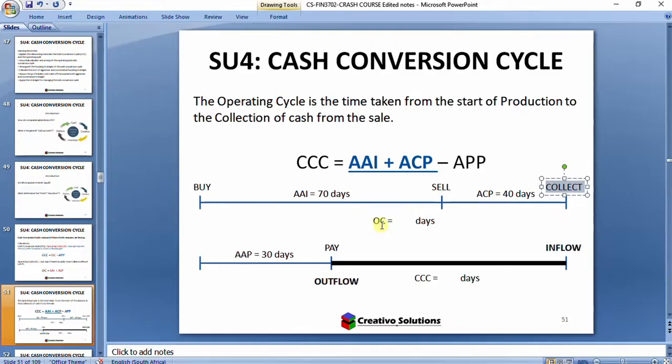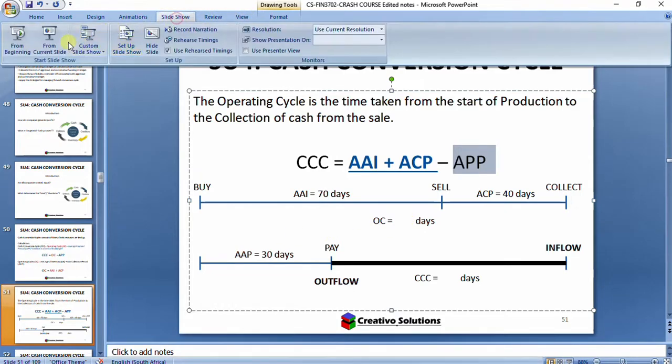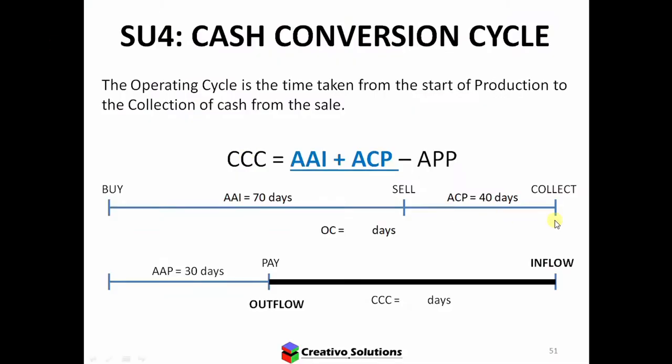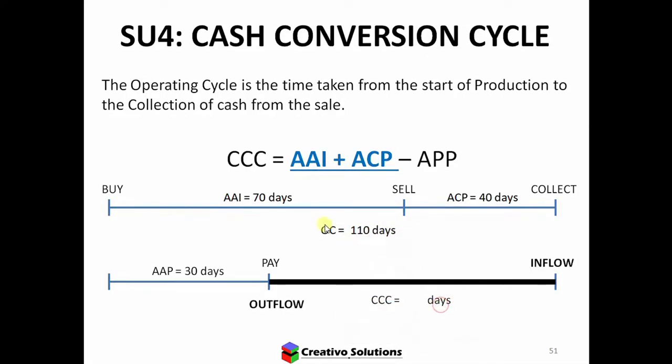If you're looking at operating, if the AAI was 70 and the ACP was 40, what would the OC be? It would be 110. Perfect. This is the total operating cycle. In other words, how long it takes me to operate. Operate meaning I'm doing some sort of work, I'm performing a task, I'm doing activities.